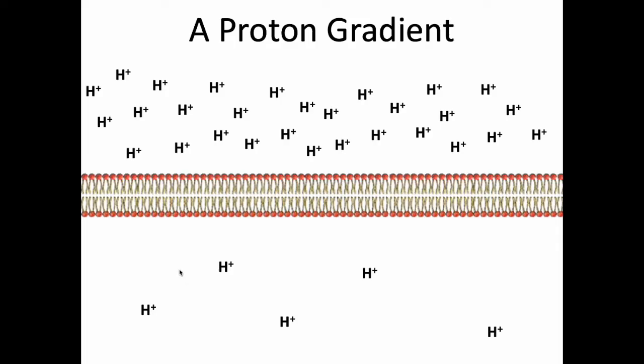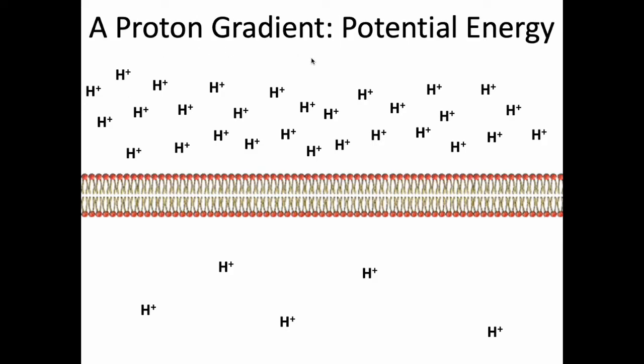They want the concentrations to be equal. This is a type of potential energy. This proton gradient is, again, an example of potential energy. You got a bunch of protons on one side that want to be on the other side, but they can't. They're being held back by this lipid bilayer.